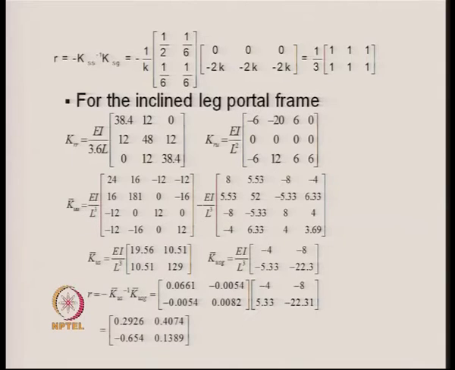Using the coupling matrix KSG and KSS, one can find the R matrix, and it is computed like this. We see that the R matrix for this problem is equal to 1/3 times 1 1 1. That is, for this particular problem, the influence of all 3 degrees of freedom is the same on the non-support degrees of freedom.